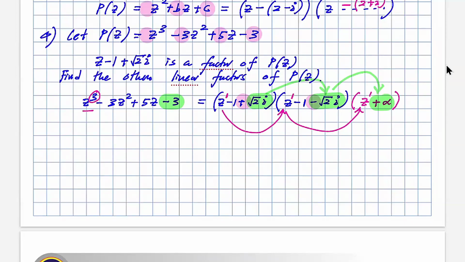So you can say minus 3 is equal to square root 2i minus square root 2i times alpha. So i is minus, so minus minus is plus. This is going to be 2 alpha. Minus 3, so alpha is equal to minus 3 divided by 2.